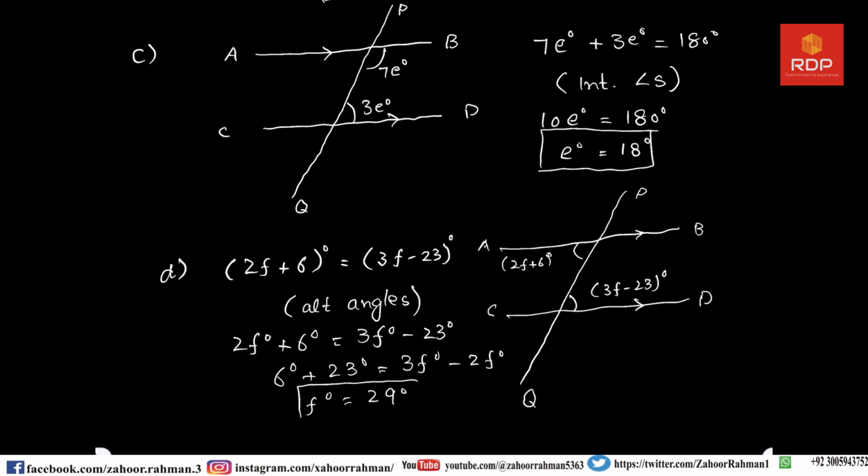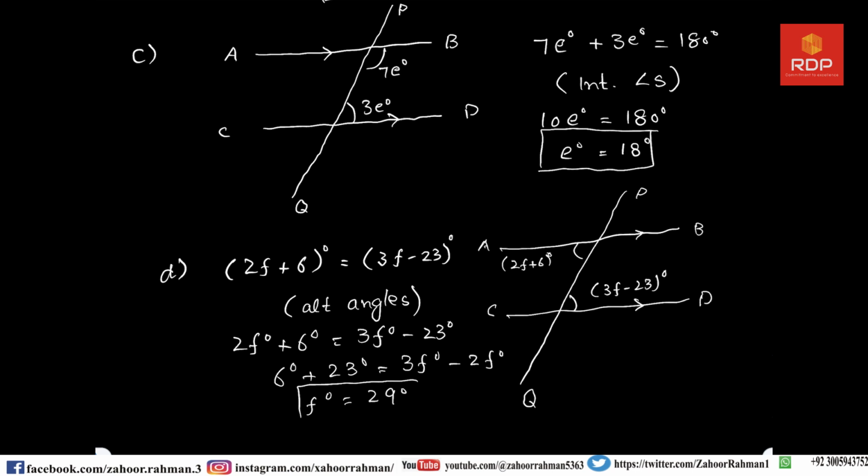Because we are seeing a C-like shape here, directly our mind should go to the interior angle. So the sum of this angle and this angle must be equal to 180 degree, and that is what I wrote.